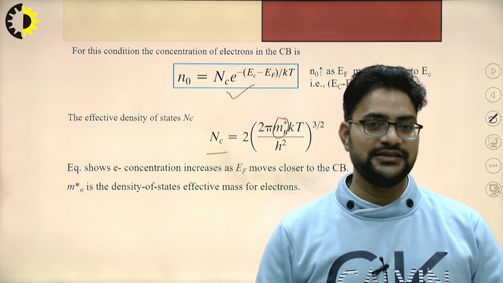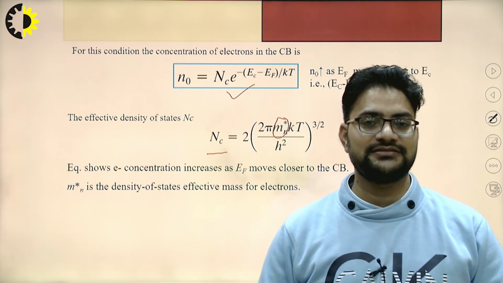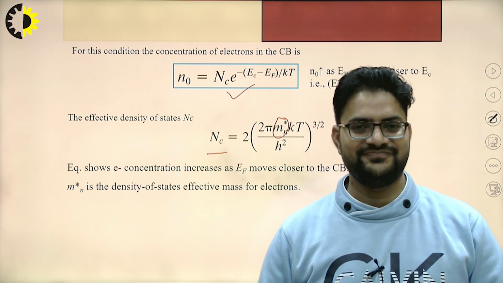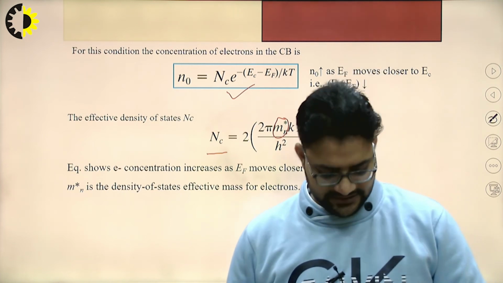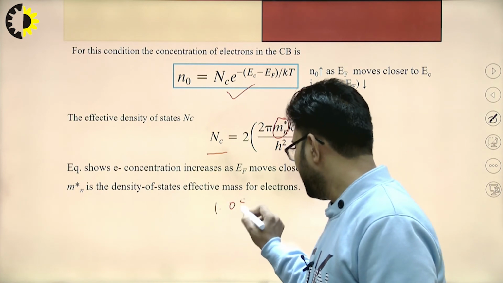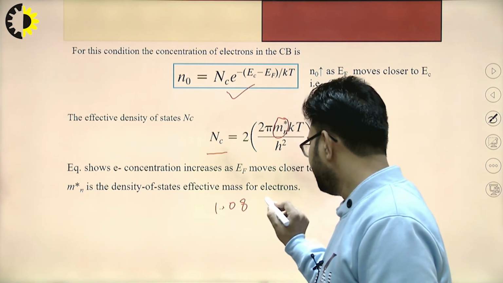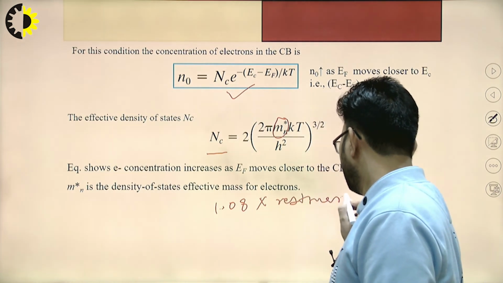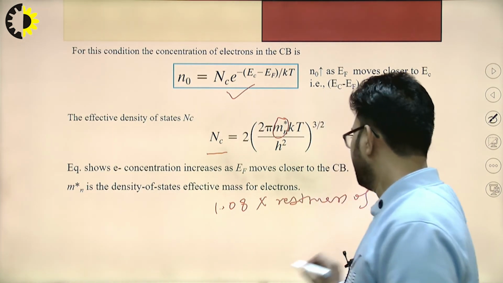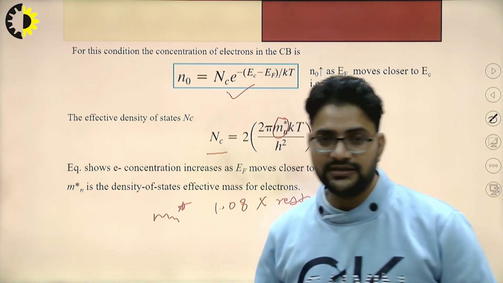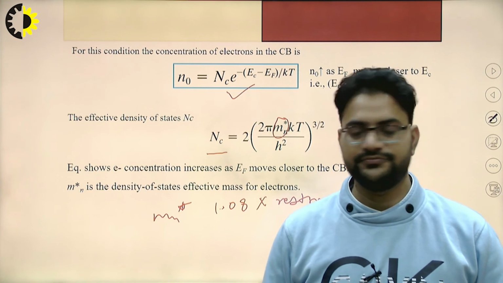Typical value is 1.08 into 9.11 into 10 to the minus 31 kg, right? So it is actually 1.08 times the rest mass of the electron. So this is the effective mass of the electron.